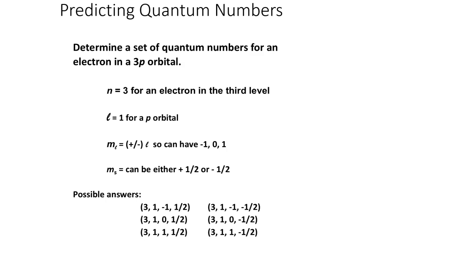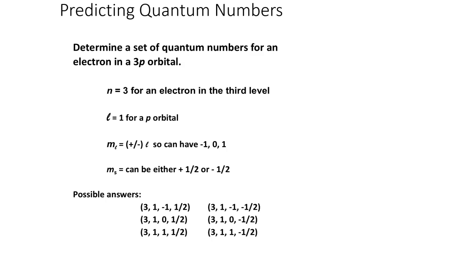You will note that in the 3p orbitals, there are a maximum of 6 electrons possible. In practice, each one of these sets of quantum numbers describes one of those 6 electrons. Because we didn't specify any further than 3p, we would have to accept any of these 6 possible answers.